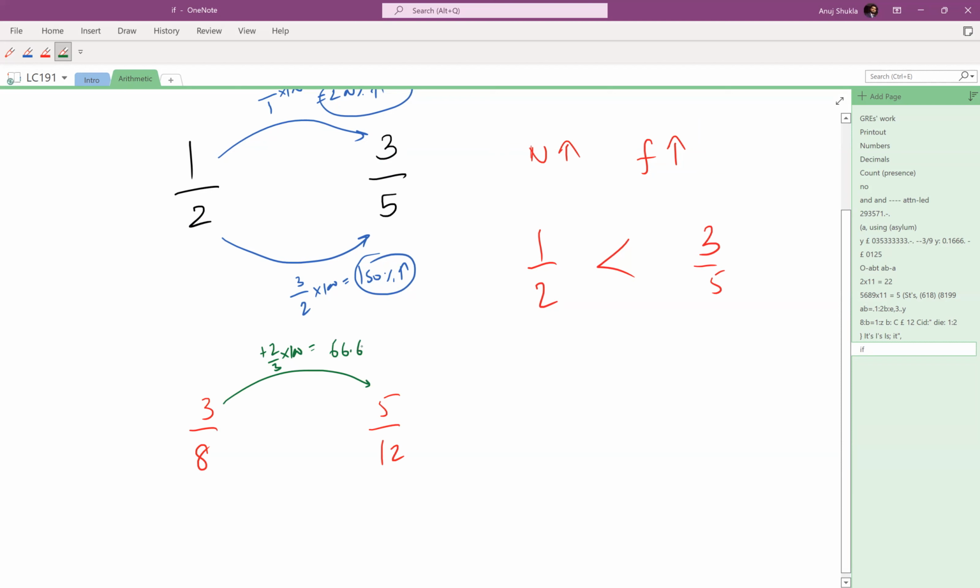That is 66.67%. And this one, 5/12, means 4 over 8 into 100. That is 50%. Which is dominating? Again, the numerator is dominating. If the numerator is dominating, you can say the fraction will be increased. 5/12 is greater than 3/8.